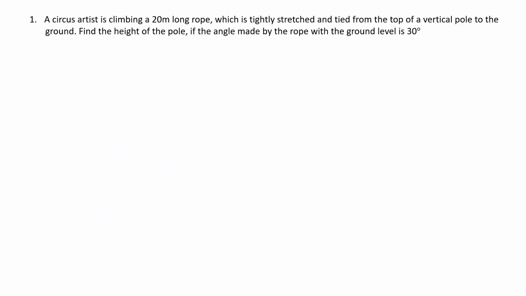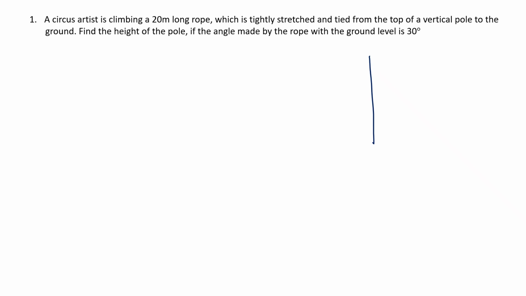So now let's get into the first problem of the applications of trigonometry. A circus artist is climbing a 20-meter long rope which is tightly stretched and tied from the top of a vertical pole to the ground. So first we must draw the vertical pole.